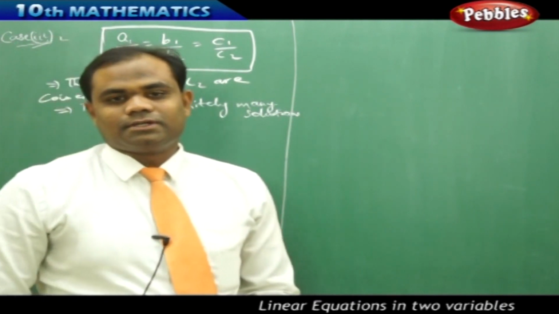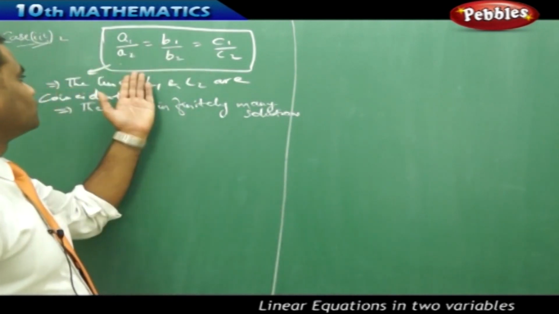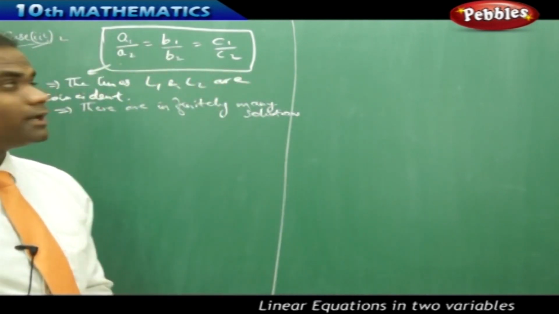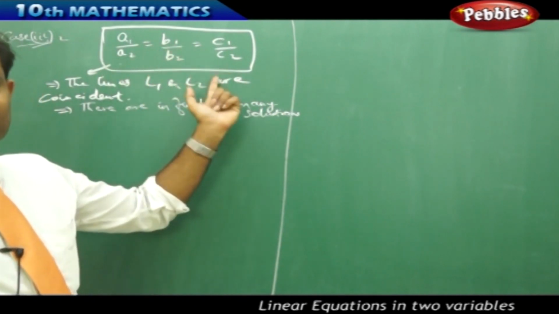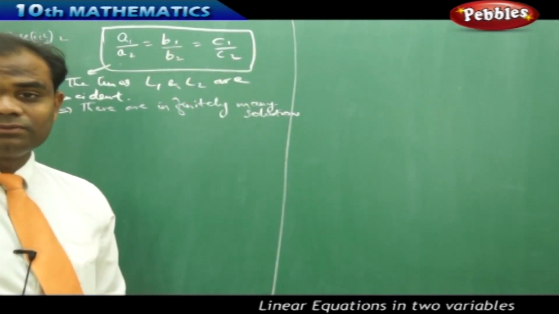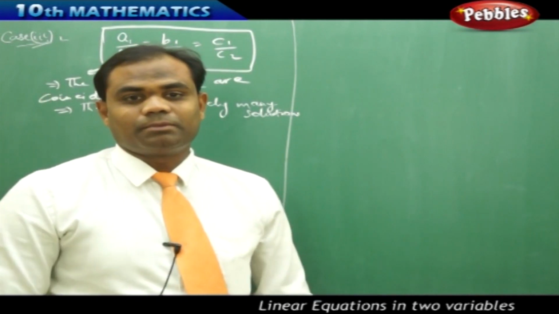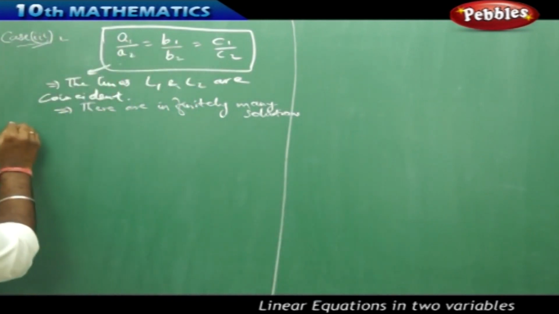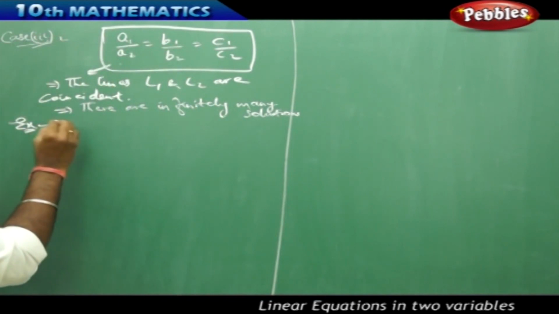This is how we get the condition from the mathematical formula a1 by a2 equals b1 by b2 equals c1 by c2.